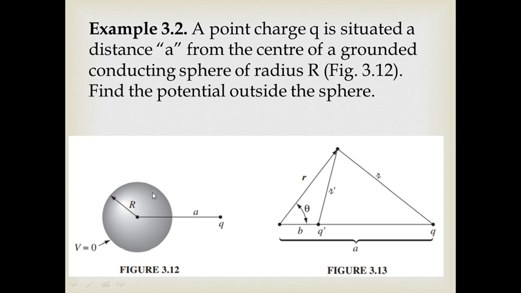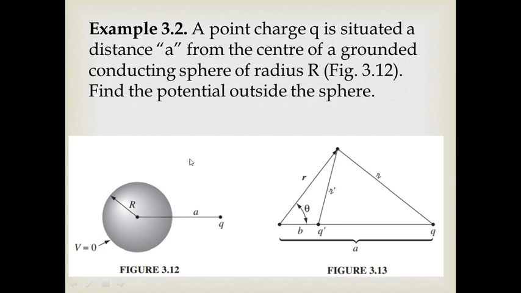From the center, a point charge q is kept outside at a distance a, and you are asked to find the potential in the region outside the sphere. Inside the sphere the potential is 0, so no need to calculate that.